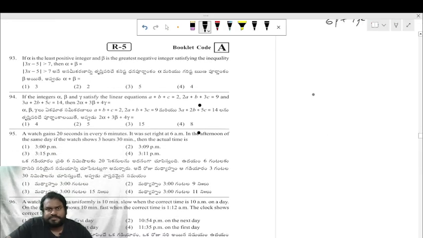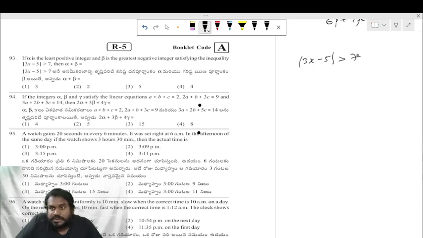Number 93. So if alpha is the least positive integer and beta is the greatest negative integer satisfying the inequality modulus of 3x minus 5 greater than 7, then alpha plus beta value.